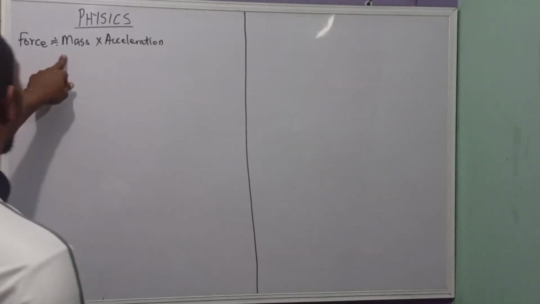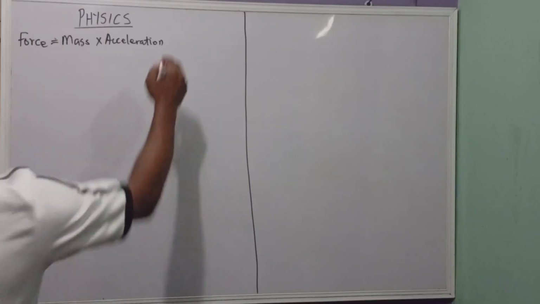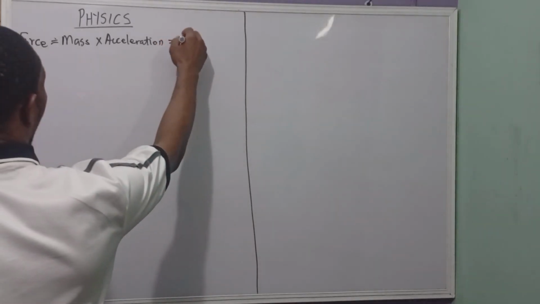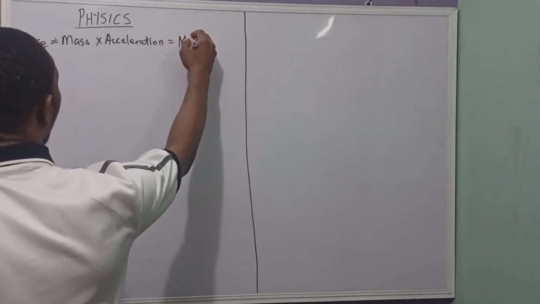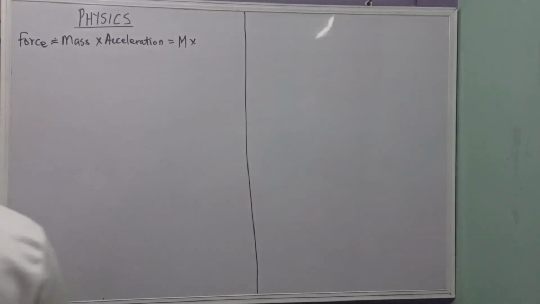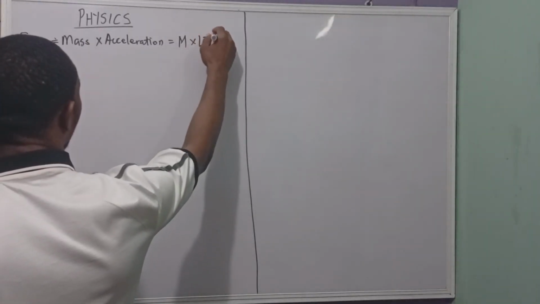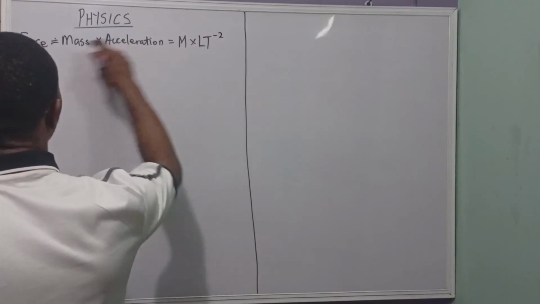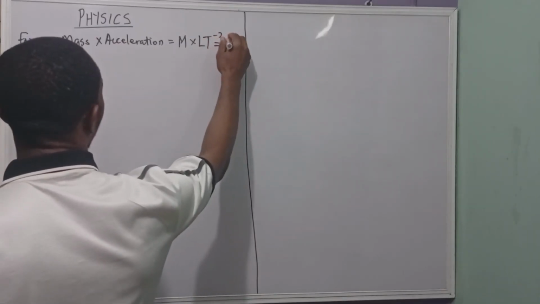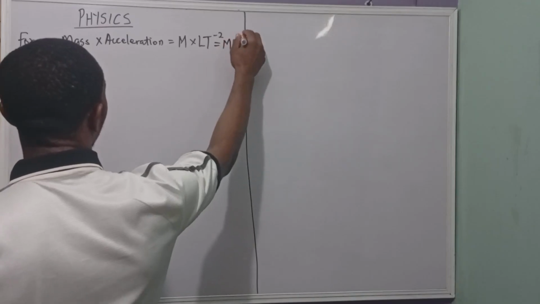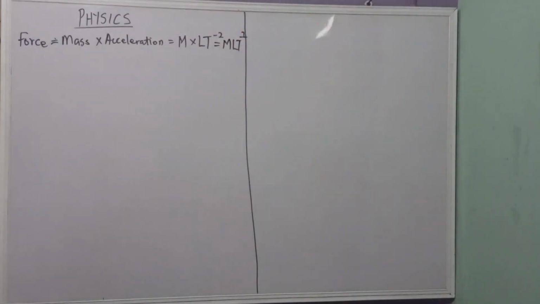Now, we've discovered that our mass is M, and acceleration we've discovered to be L T raised to minus 2. So our force here becomes M L T raised to minus 2.